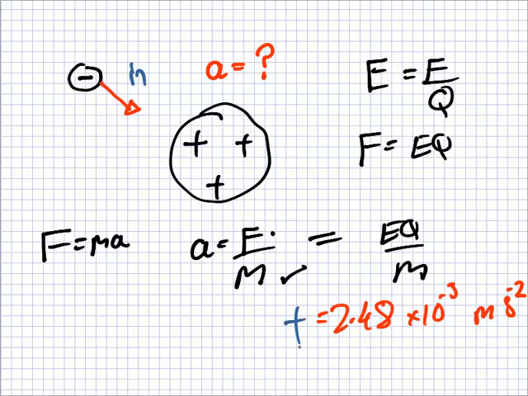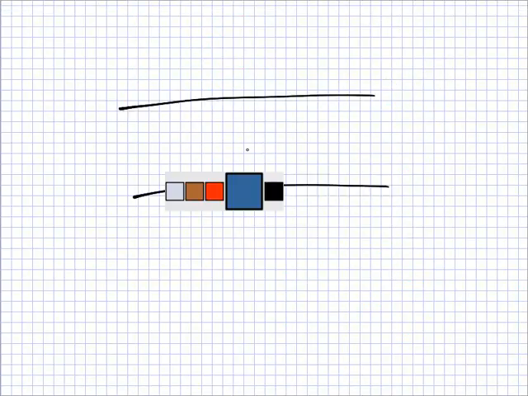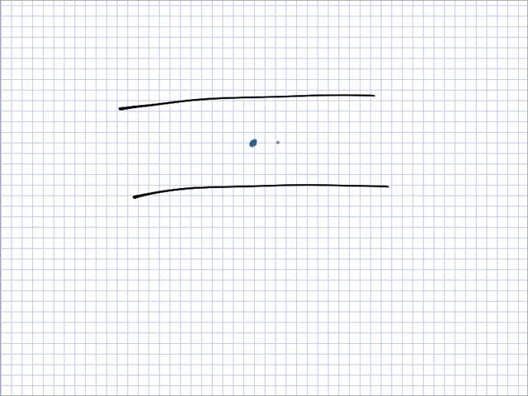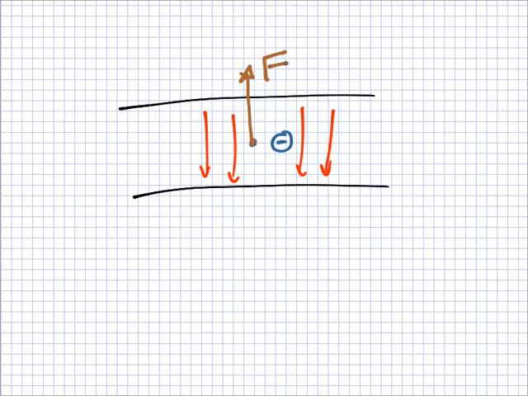So let me just draw that for you. You've got two plates, you've got a little negative charge here, and you've got a field here, and this field causes the particle to want to go up. But the particle also has another force wanting it to go down. What force is that?